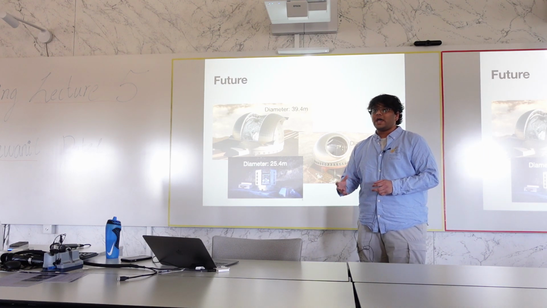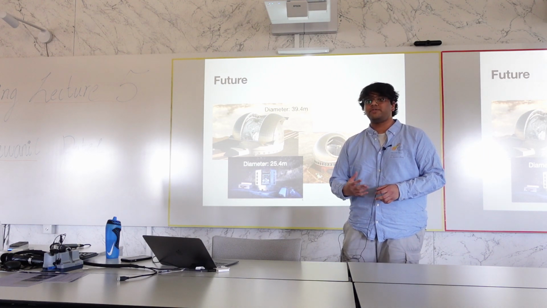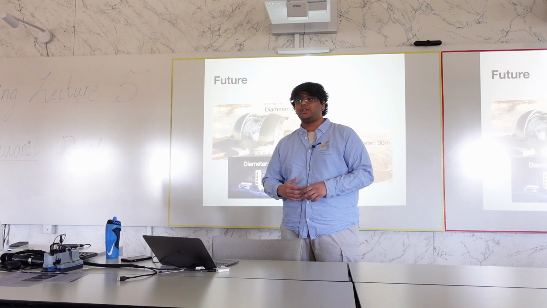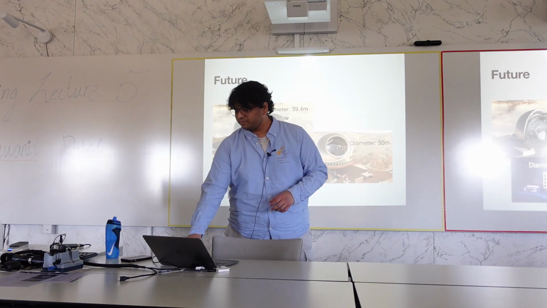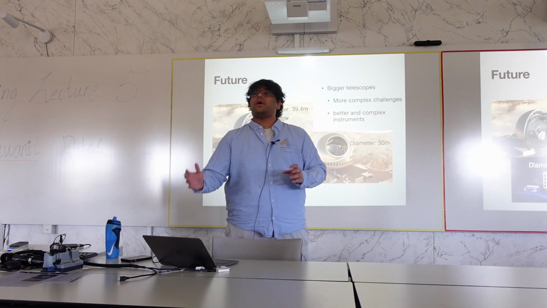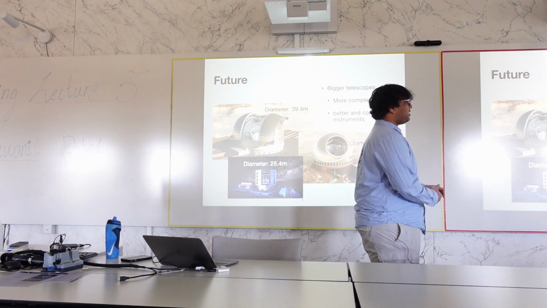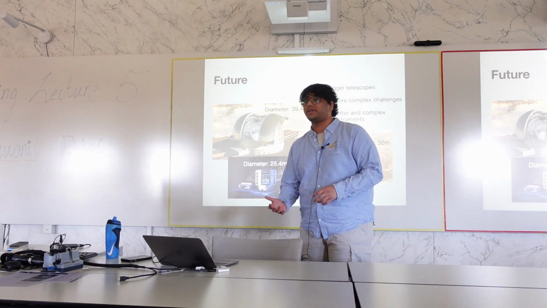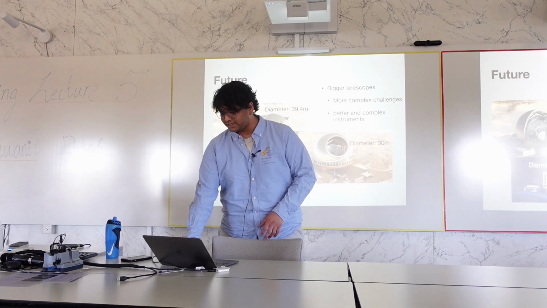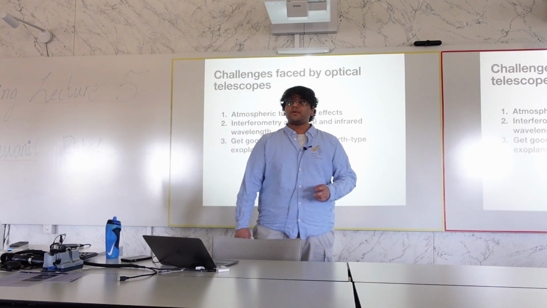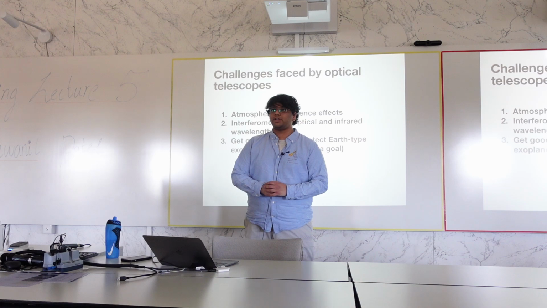And now you have these really fancy instruments which you need to use to really push the potential of these telescopes. So again, bigger telescopes mean more complex challenges, and hence we need better and more complex instruments which are better than our eyes. So what are some of the challenges faced by these optical telescopes?